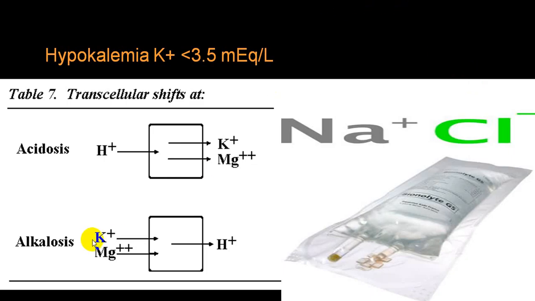So alkalosis will produce potassium shift intracellular and H ions will be preserved. As potassium is shifted, magnesium will also be shifted in case of alkalosis, while in acidosis H ion will shift intracellular and you will have a shift of potassium outside and magnesium will be shifted outside.